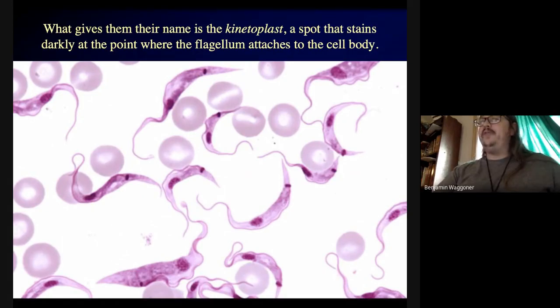Each cell also has a flagellum, and in trypanosoma, the flagellum attaches to the side of the cell and then extends along the length of the cell and is actually tethered in place by a kind of web, a kind of fin made up of a fold of the plasma membrane.